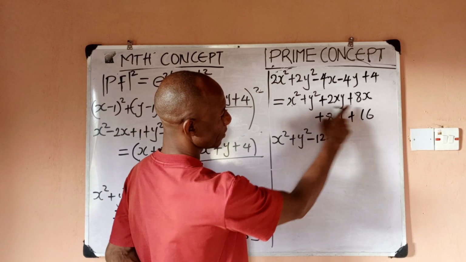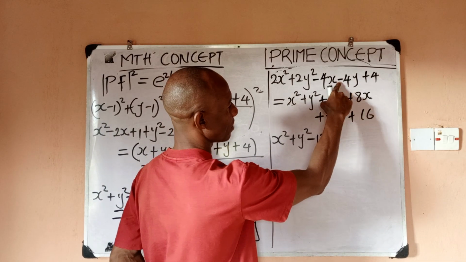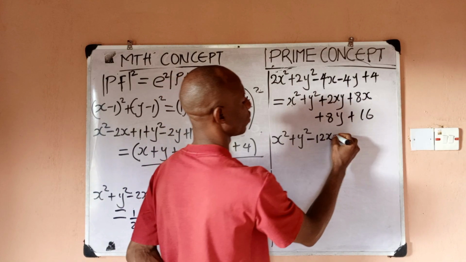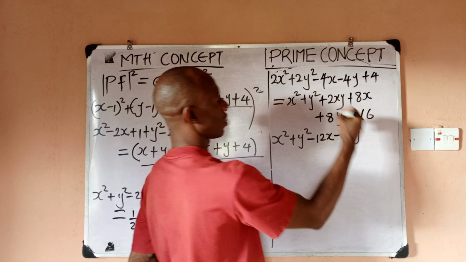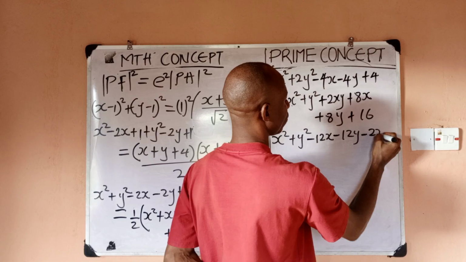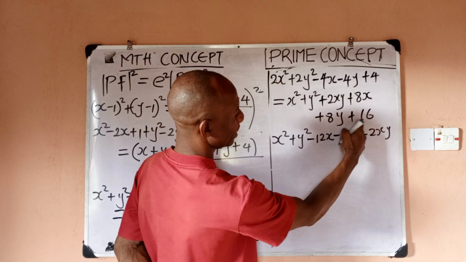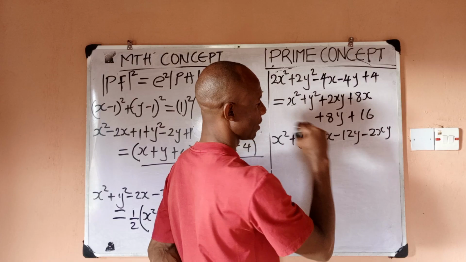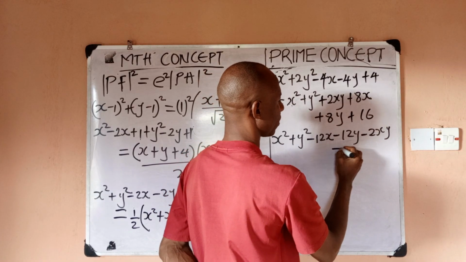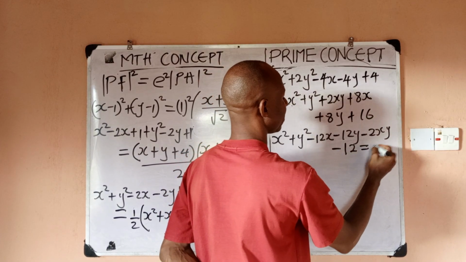The same way, if this one crosses, you have minus 4y minus 8y, which would give me minus 12y. Then this would cross, I would have minus 2xy. Then this would cross over to meet this, so I would have 4 minus 16, which becomes minus 12. Then this is equal to 0.